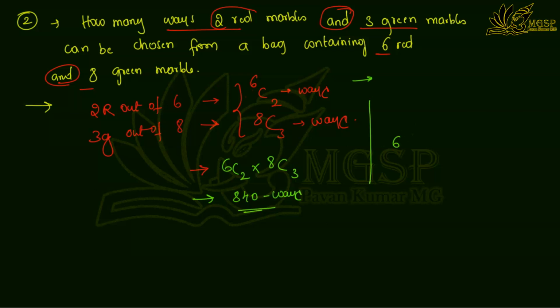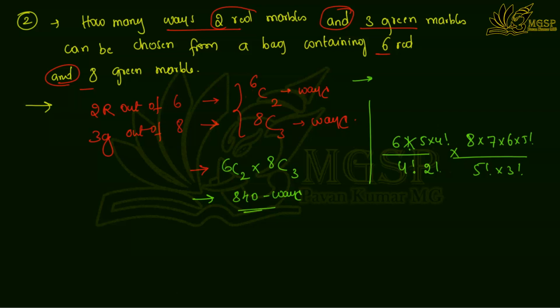My suggestion is you can do it like this: 6 factorial divided by 4 factorial into 2 factorial, which expands to 6 into 5 into 4 factorial, times 8 factorial divided by 5 factorial into 3 factorial, which is 8 into 7 into 6 into 5 factorial.